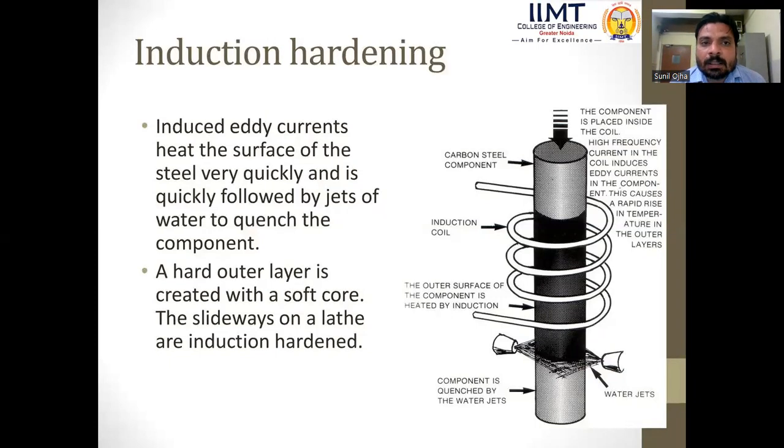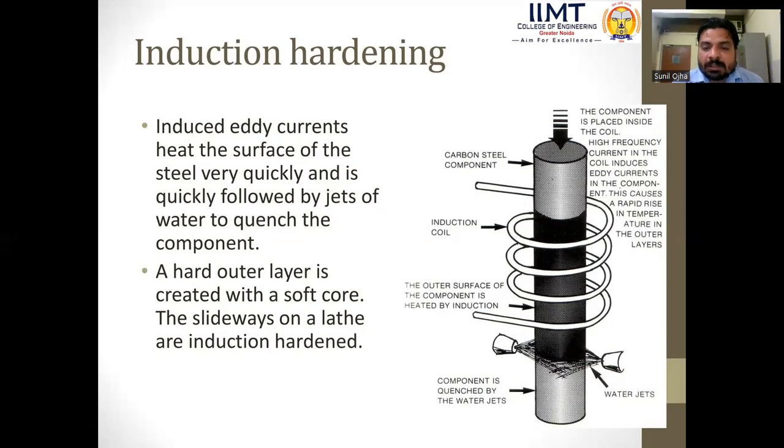Next is induction hardening. Induction hardening is done by inductive current. The material is placed inside a coil and current is passed through it, so that an induction effect is generated, which increases the temperature of the material and generates heat. Induced eddy currents heat the surface of the steel very quickly, followed by jets of water to quench the component.